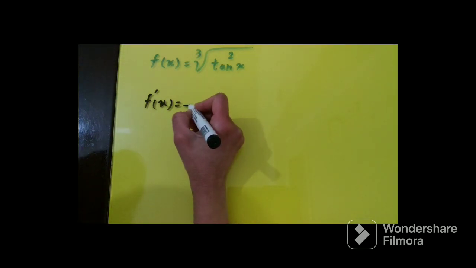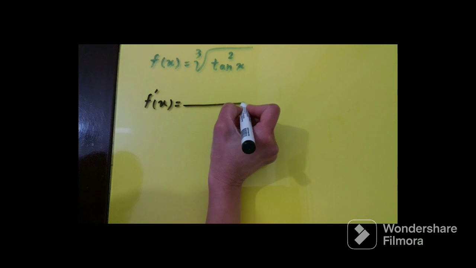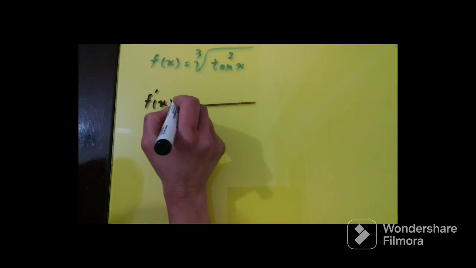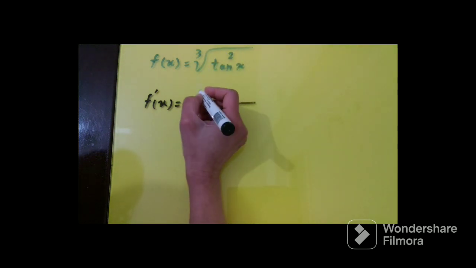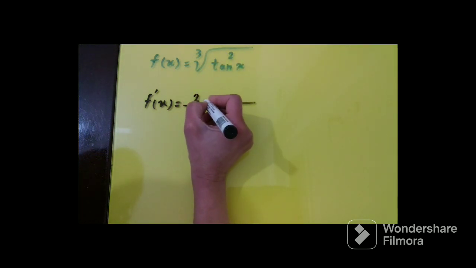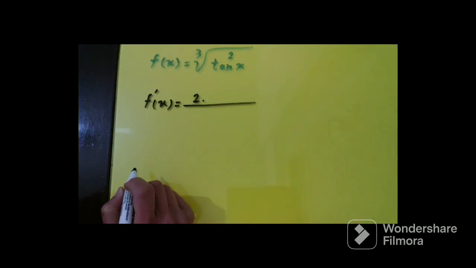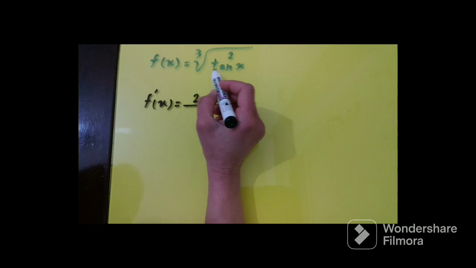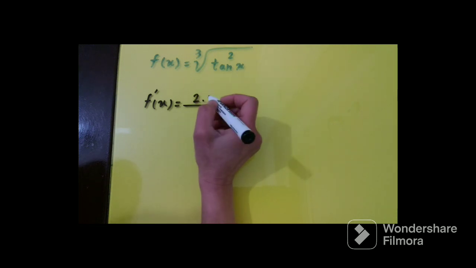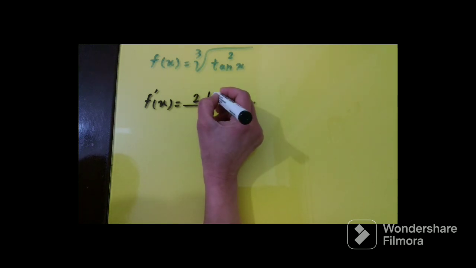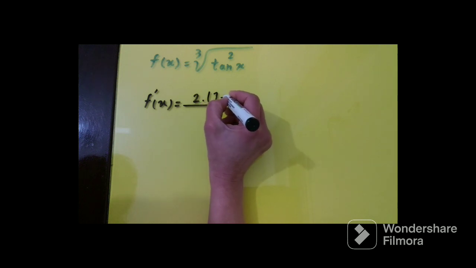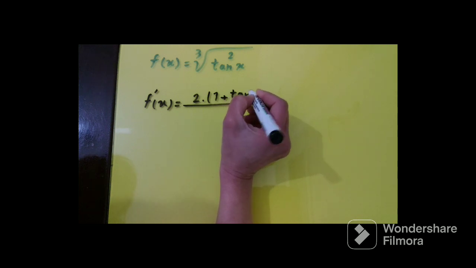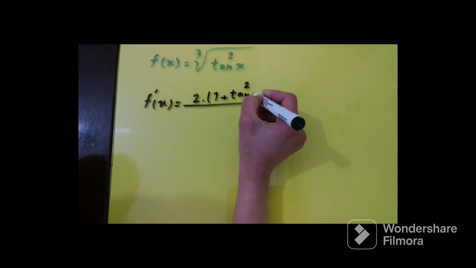So for the up, you should write n, 2, times u prime. For getting the u prime, according to the rule, the derivative of tangent x is 1 plus tangent squared x.